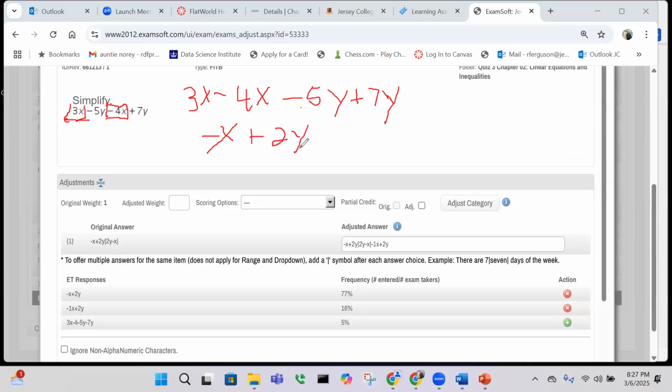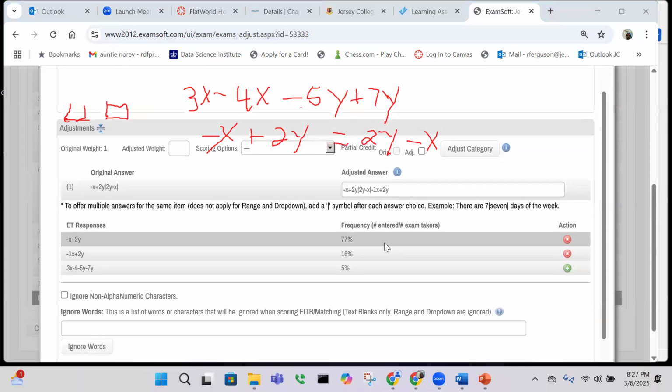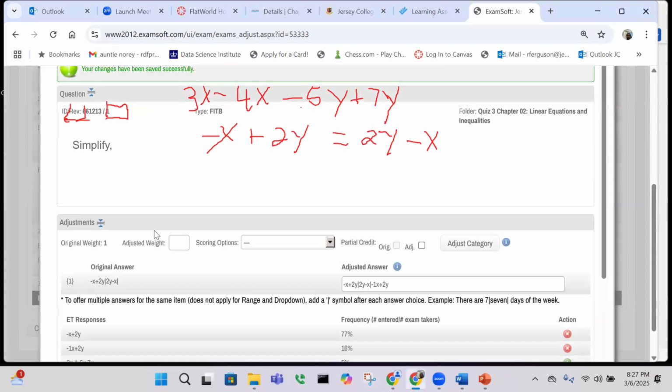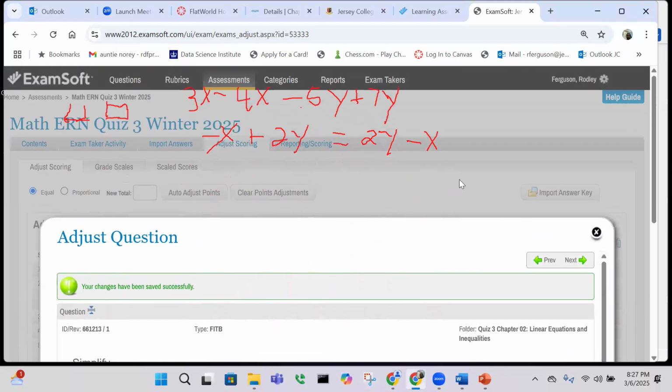And then order doesn't matter. So even if you had put 2y minus x, it's still correct. Order doesn't matter when it comes to addition. That's what that is. So I'm going to update for the second one to get it. And okay, keep pushing.